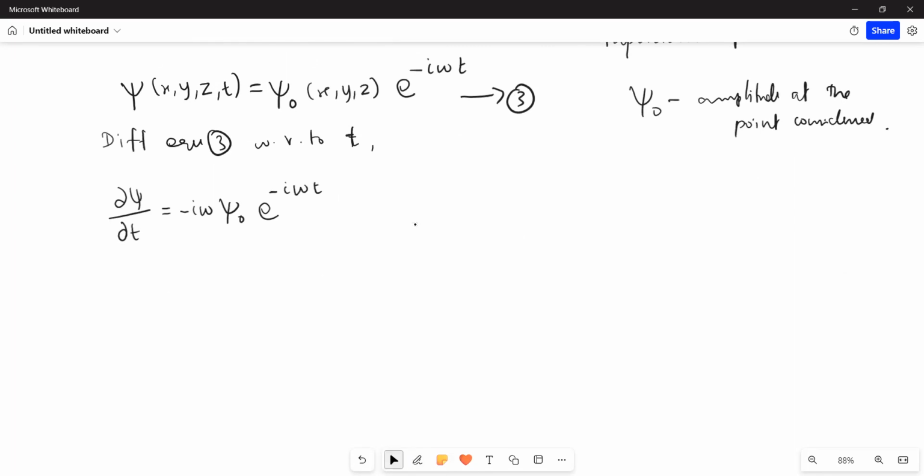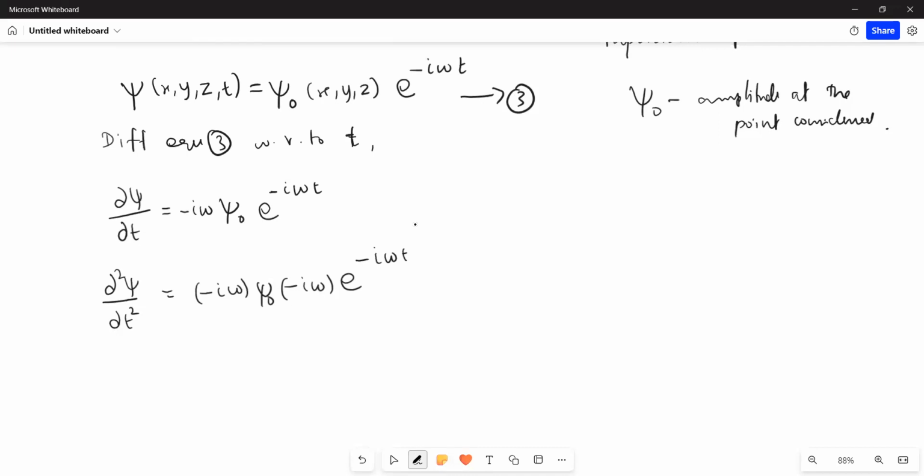This is the one-time differentiation. Like that, you need to do the second order differentiation. So dou square psi by dou t square is equivalent to, when you differentiate again, these are all constants, keep psi naught as such. Then again, if you differentiate, minus I omega e power minus I omega t.